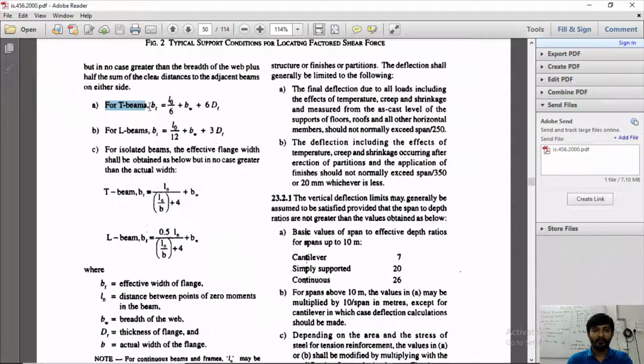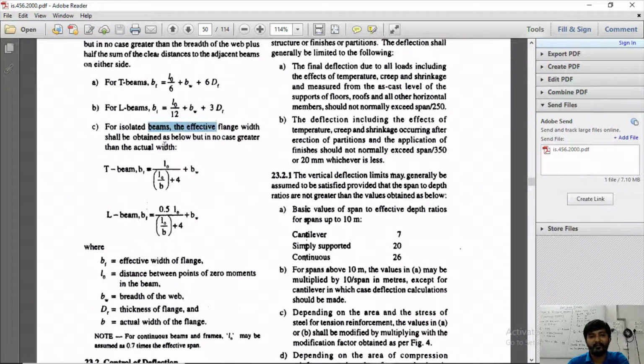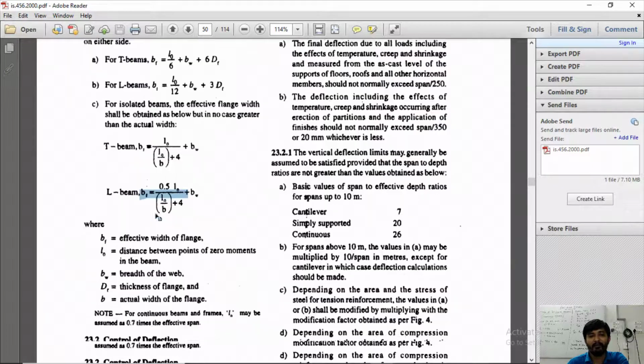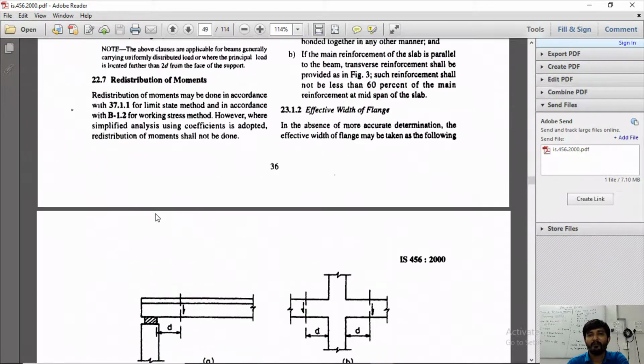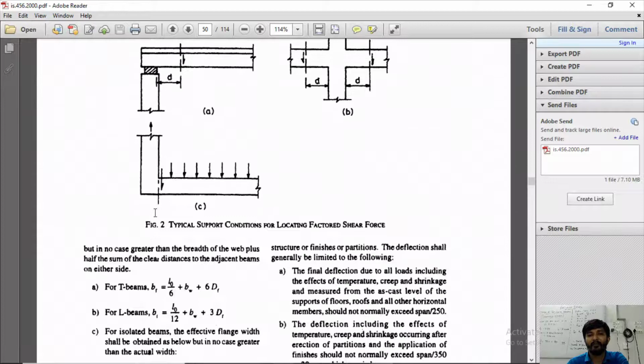For T-beams, bf is equal to L0 divided by 6 plus bw plus 6Df. For L-beams, bf is equal to L0 divided by 12 plus bw plus 3Df. For isolated beams, different values for T-beams and L-beams are given. So we are going to use these values given in clause number 23.1.2, page number 37.